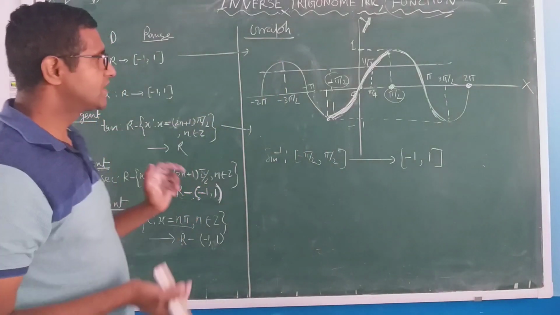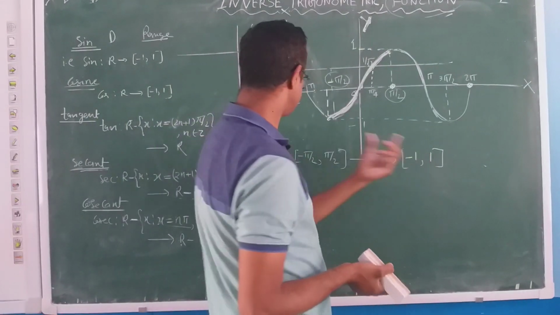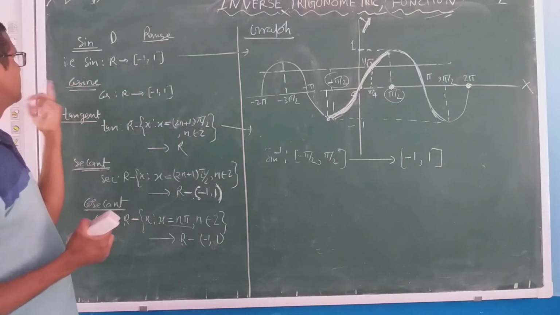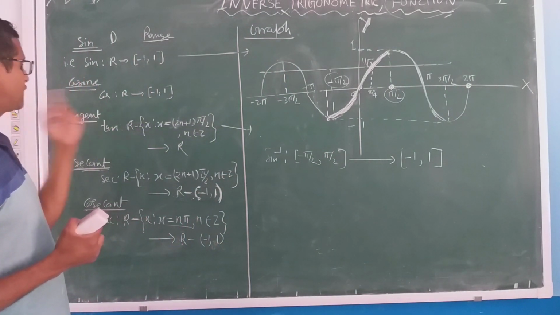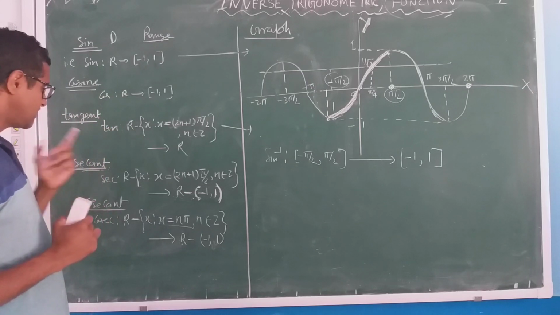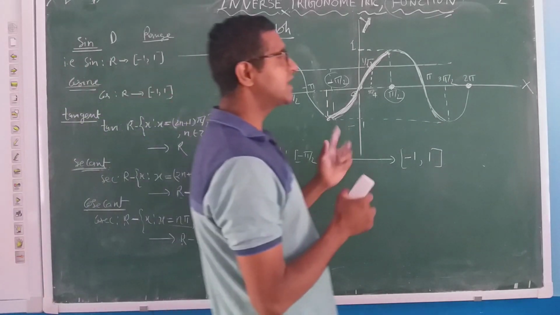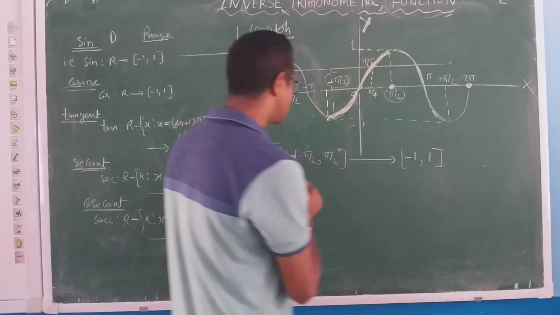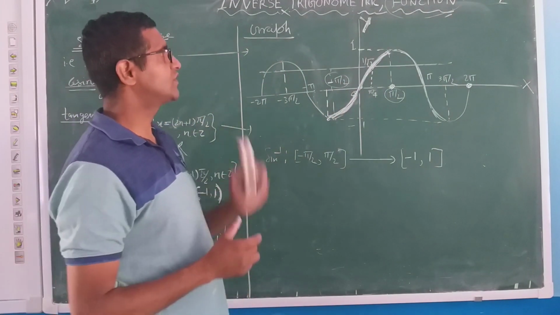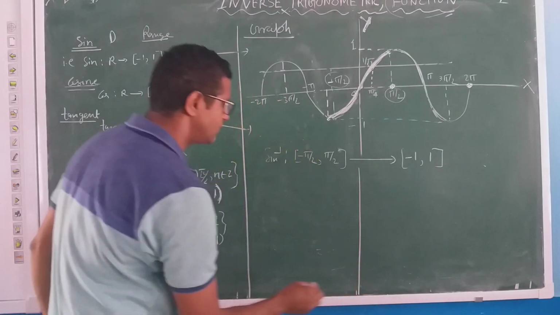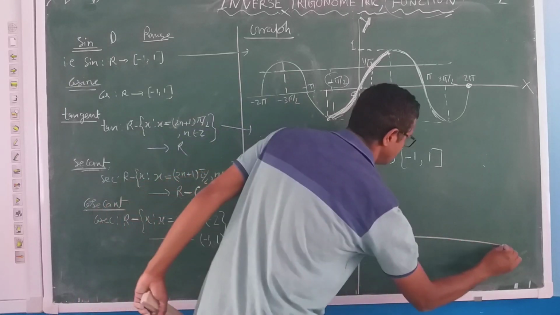Like this, we can discuss the graphs of cos, tan, sec and cosec. Now the question arises: how will we draw the graph of inverse trigonometric functions? My dear students, it is very simple to draw the graph of inverse trigonometry.